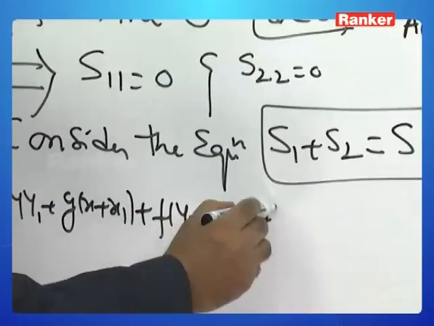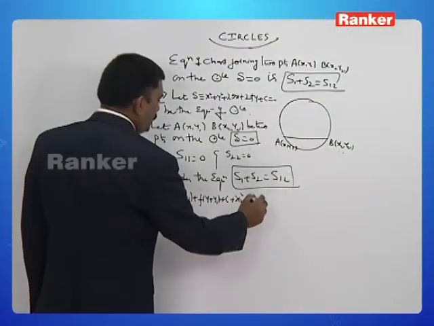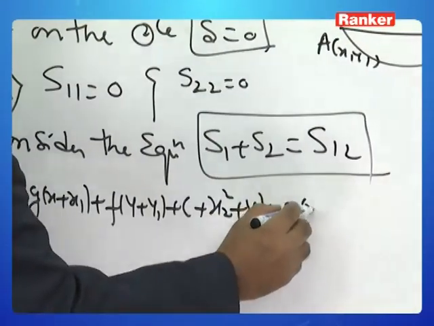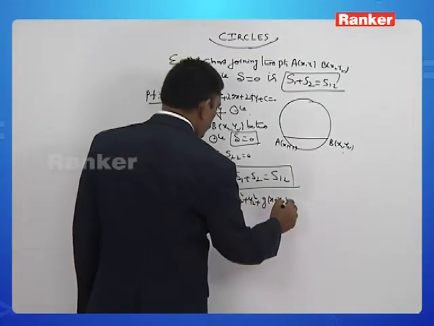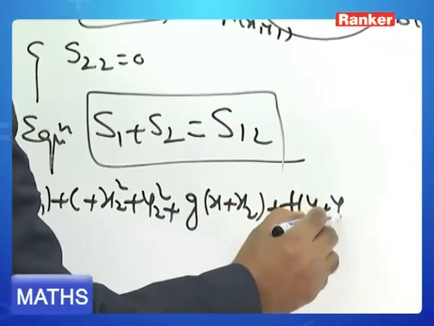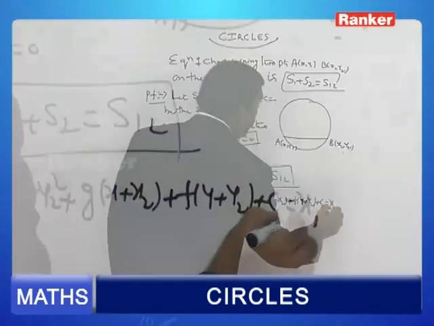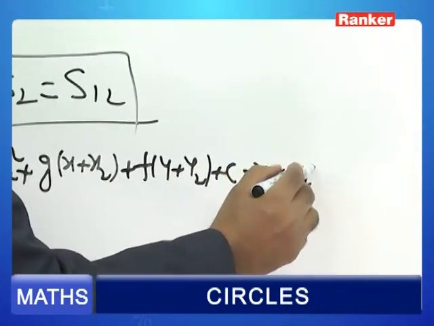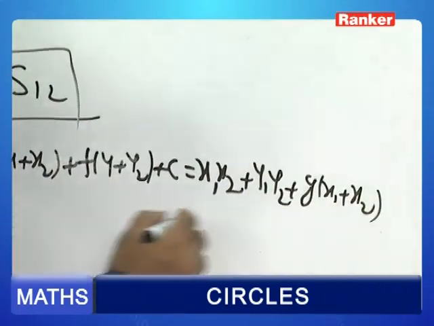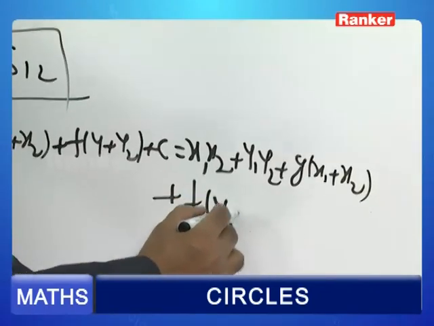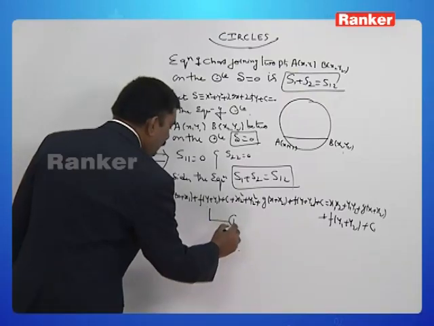What is S2? xx2 plus yy2 plus g into x plus x2 plus f into y plus y2 plus c is equal to S12, that is x1 x2 plus y1 y2 plus g into x1 plus x2 plus f into y1 plus y2 plus c. You call this equation 1.